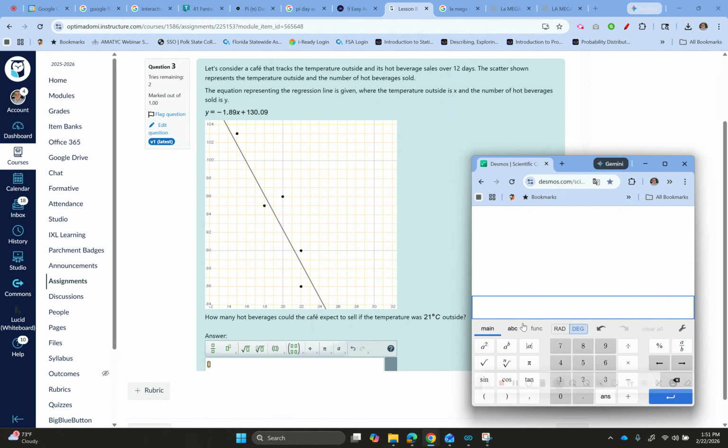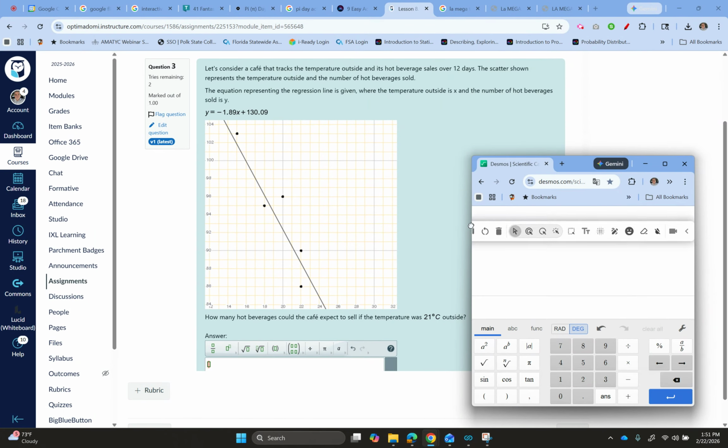Let me clear everything out. Okay, so let's put here negative 1.89 times, I'm going to put an empty parenthesis, that's the x, plus 130.9. And my x is 21 because that's what they asked me to find.